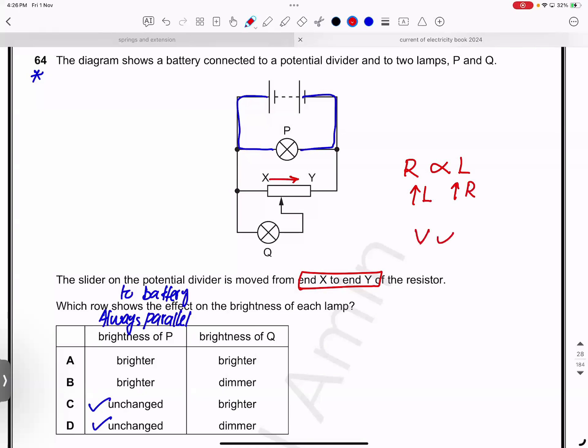You also know in a potential divider, V is proportional to R. If the resistance increases, the voltage share will also increase. So as you are moving from X to Y, the length between X and Y is increasing, so the resistance will increase. Using the potential divider formula, the voltage share is proportional to resistance, so the voltage share across the lamp will also increase. So the brightness of lamp Q will increase. It becomes brighter. Option C.